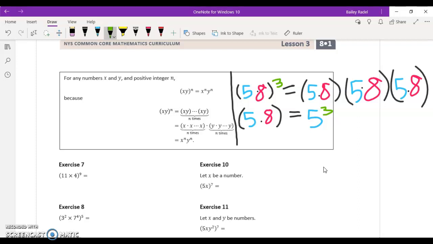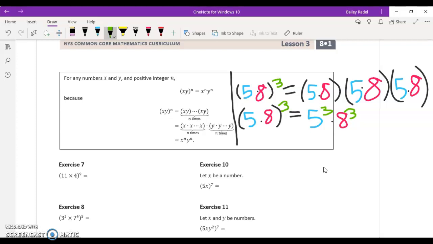And we have 3 8s. So let's write that as a base of 8 and an exponent of 3. So now we have our rule. When you have 2 numbers multiplied together, raised to a power, you can raise one of the bases to the power times one of the bases raised to the power.